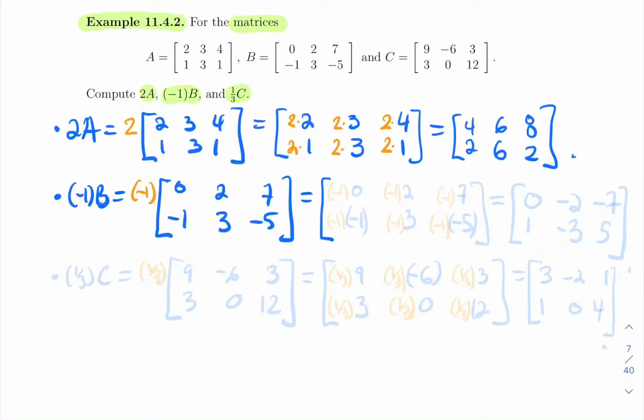So if I write the entries quick, 0, minus 1, 2, 3, 7, and minus 5. So you're multiplying everywhere by minus 1. Of course, you could simply just change all the signs of the entries, that would work as well.